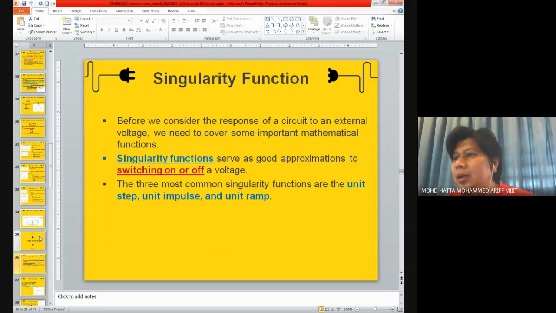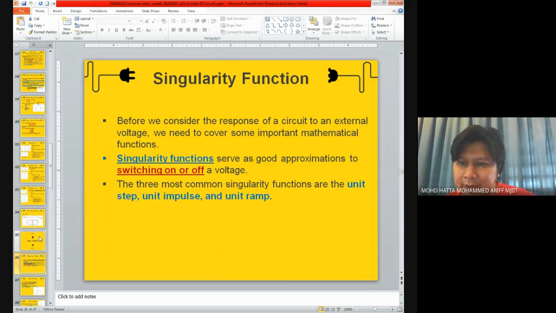Okay, now we try to understand what is a singularity function. Singularity function serves as a good approximation to switching on and off a voltage. Previously, you see that we have a switch in our circuit where at t greater than 0, the switch is off or the switch is on, turn on, and so on and so forth.